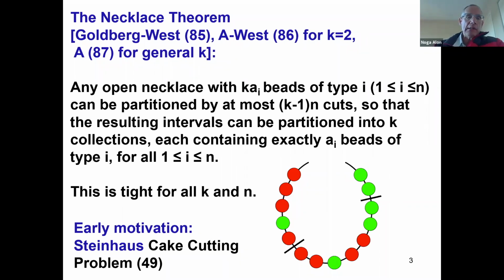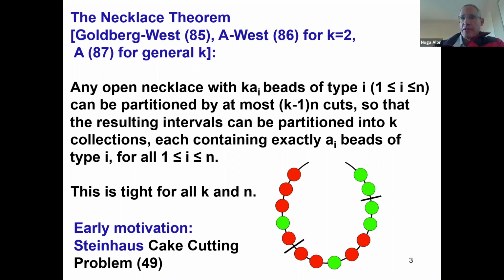The early motivation, or questions of this type, were first considered by Steinhaus, who considered the cake cutting problem. It's not exactly this, but it's closely related. He wrote about it already in '49. And in fact, even long before that, he was interested in cutting ham sandwiches, which makes sense, since you leave the dessert to the end.